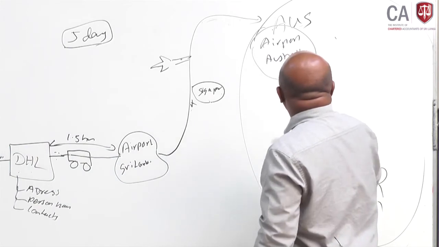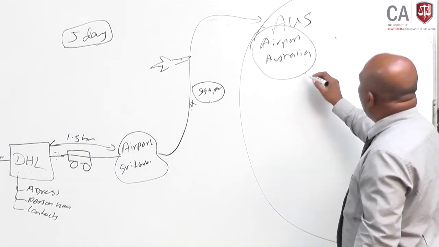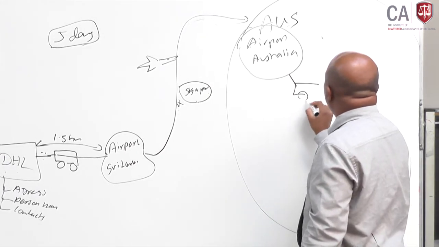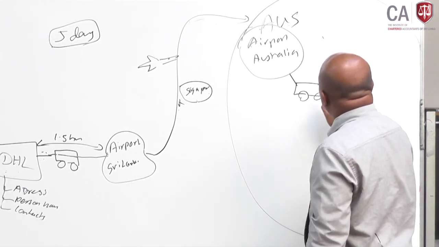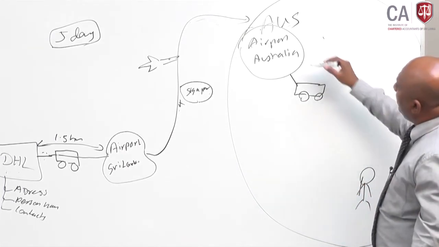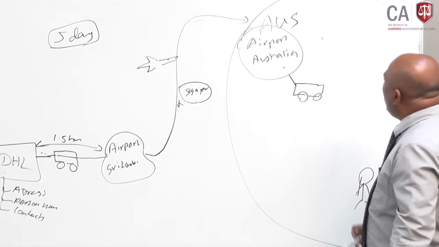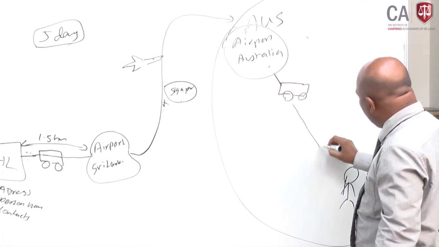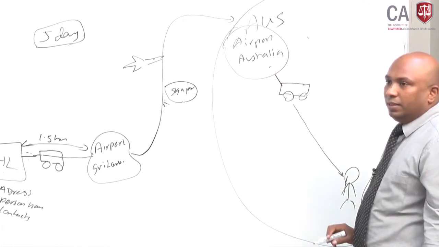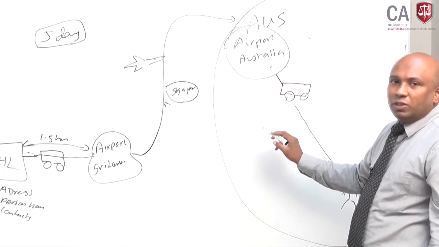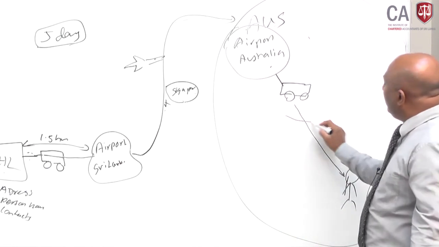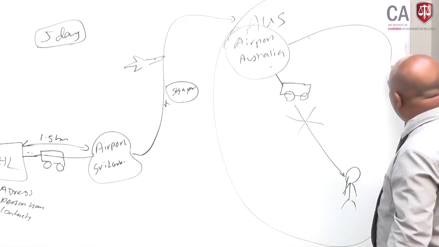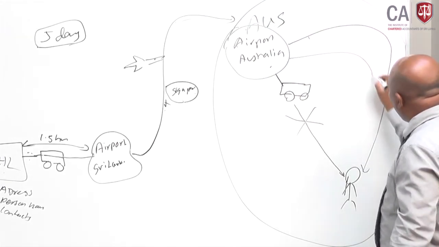Then when it comes to Australia, now they are going to deliver it through transport. Then suddenly when it comes to Australia, they find that this is the easiest way to reach, but because of cyclone and floods, they cannot go this way. Then there is another route here, and there can be different routes.